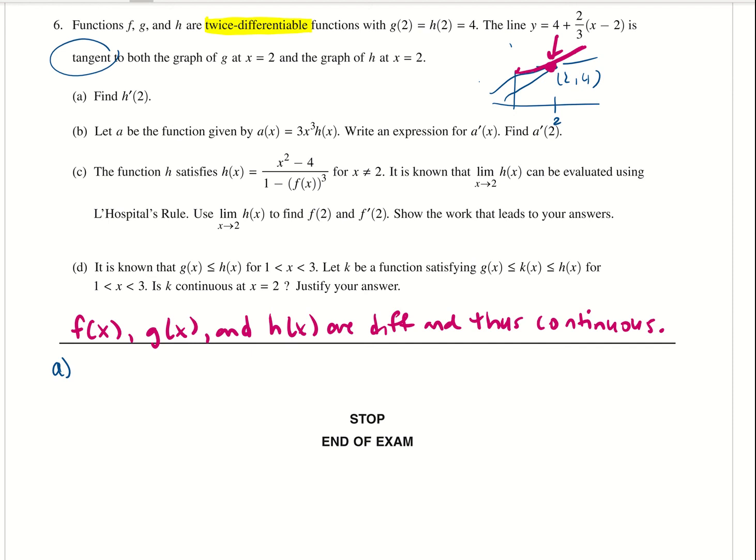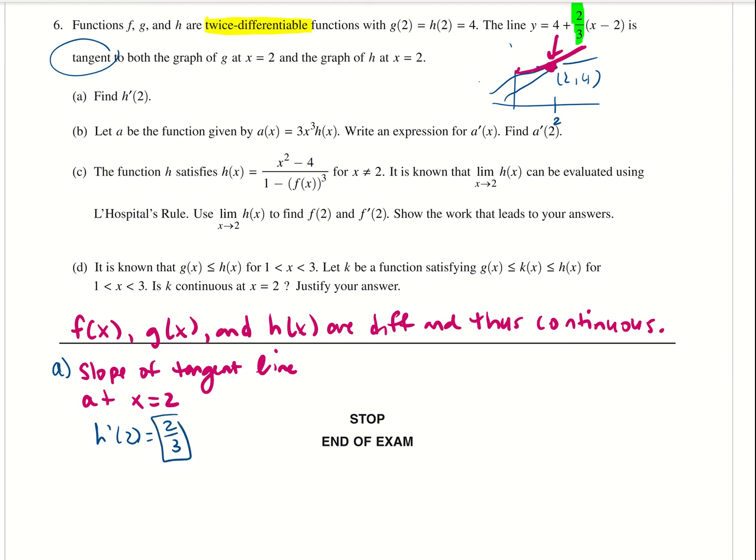Well, another way to say h prime of 2, if it's a derivative, this is the slope of the tangent line at x equals 2. Well, we have the equation for the tangent line, and the number in the slope position is 2/3. So we're done with that one. Okay, so A is done.